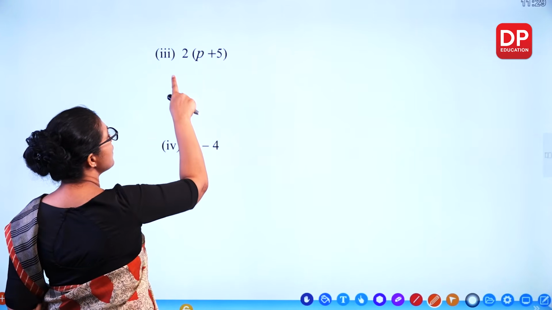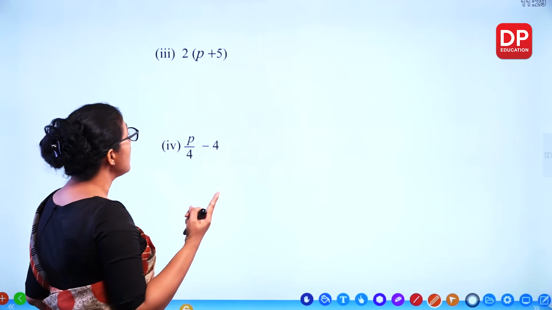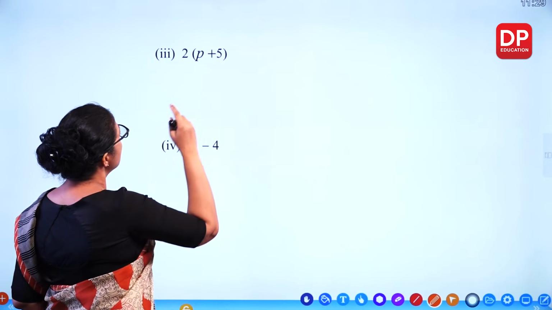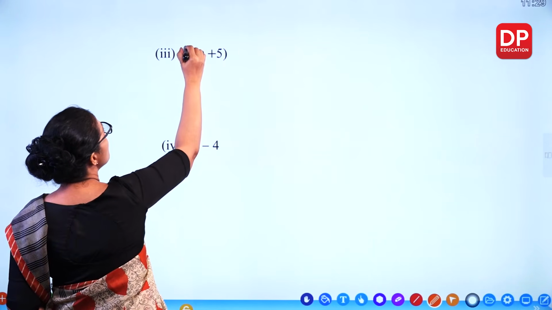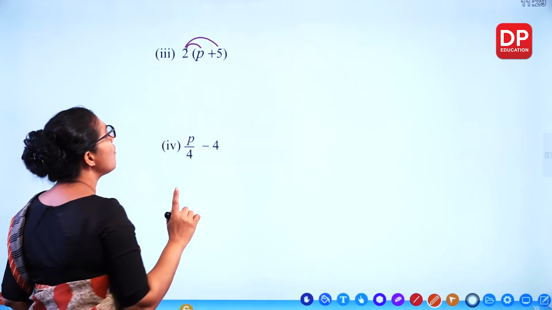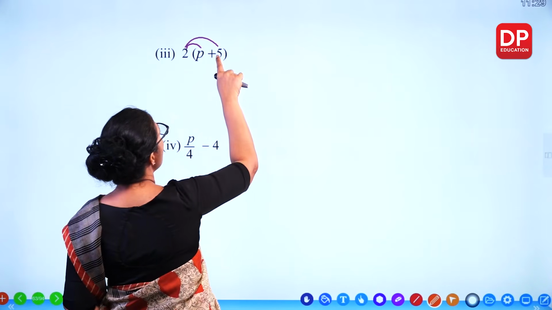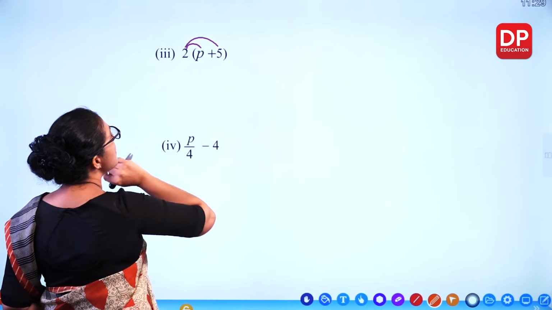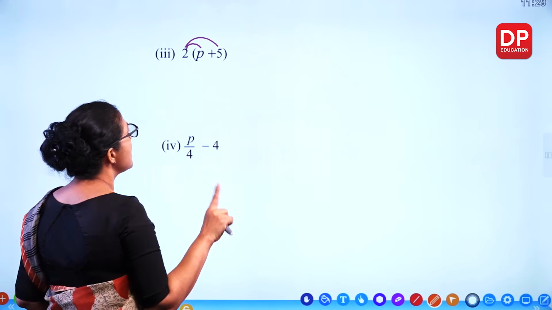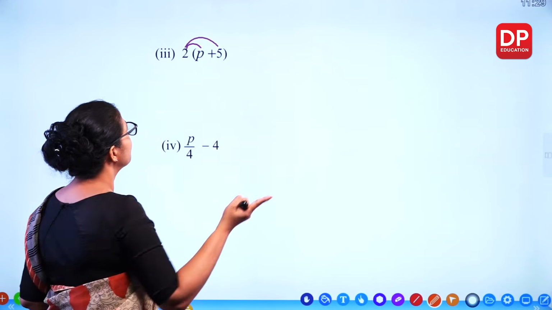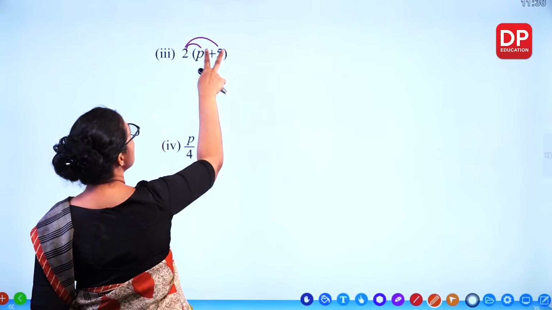You can expand first and write. So if you expand, it's 2p plus 10. Or without expanding, how can we write? The value 5 more than p, double it. We can write first p plus 5.